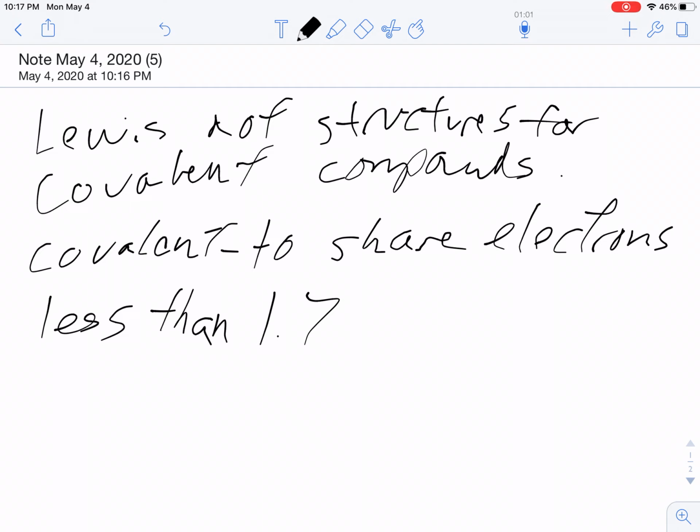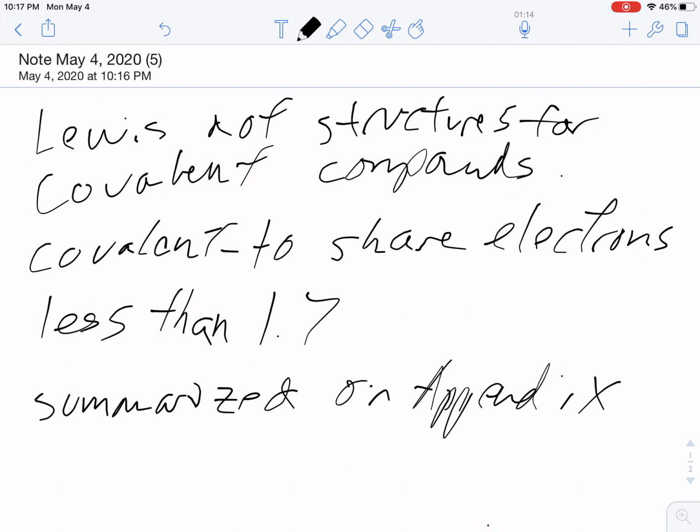Now, there are a number of different rules for covalent bonding, and they are all summarized on Appendix F. And I will show you a picture of this.